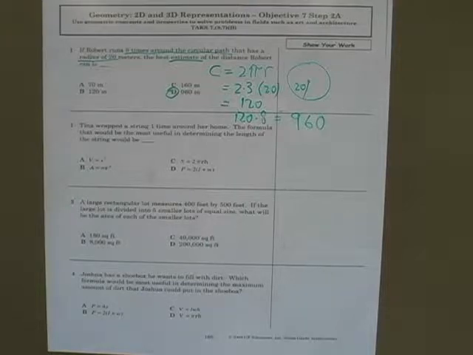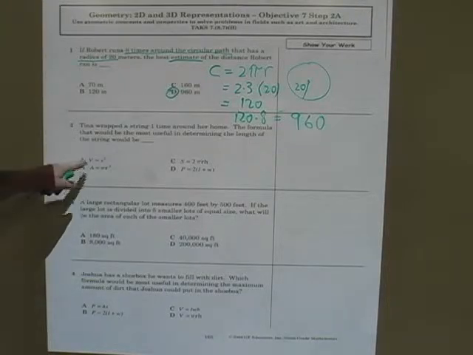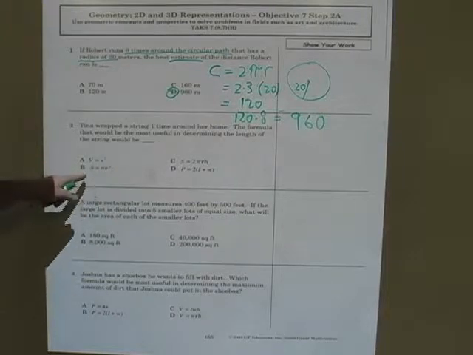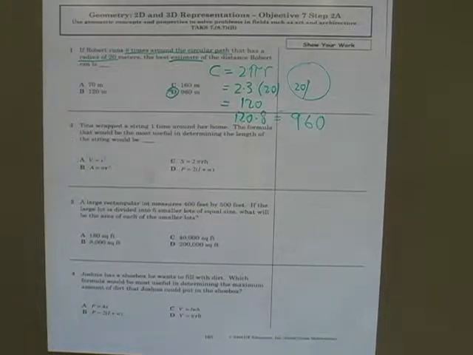Number 2, Tina wrapped a string 1 time around her home. The formula that would be the most useful in determining the length of the string would be, okay, notice these answers. V is volume. This has nothing to do with volume. A is area. It's not area.